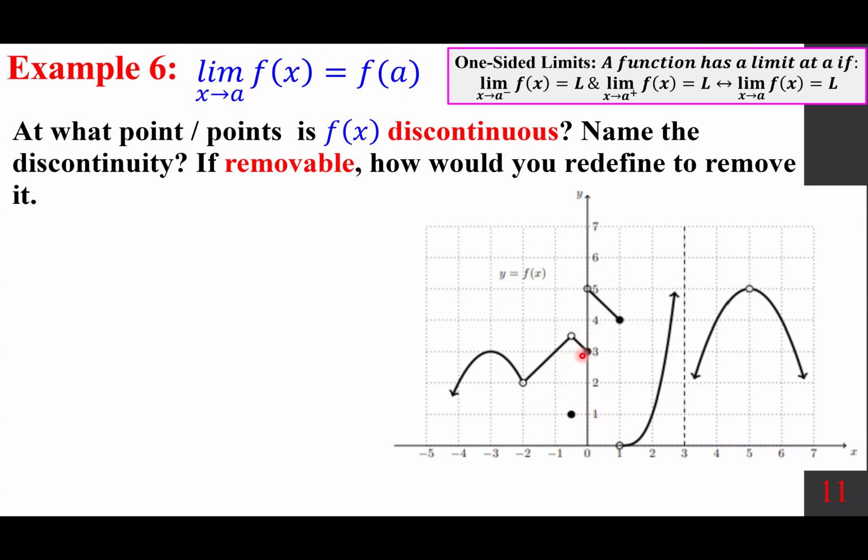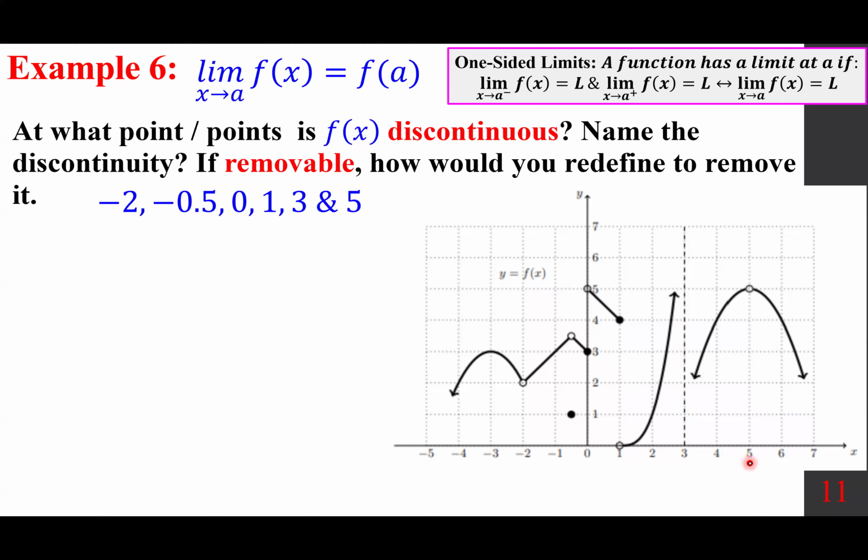The next one is here to here. There's a jump 0, jump 1, vertical asymptote or infinite limit 3, and there's another hole here, 5. So those are the numbers we notice immediately. Now let's look at cases and call them out.